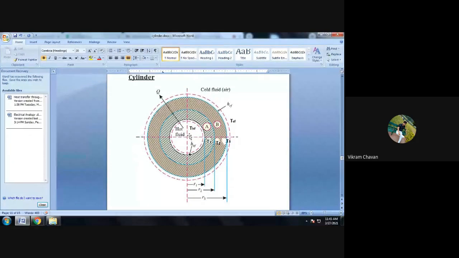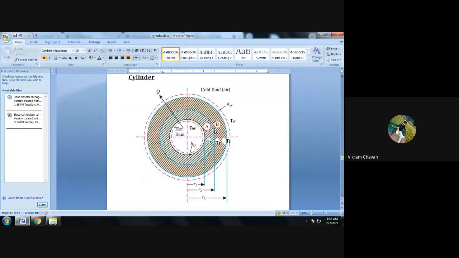Let us consider that this is the A cylinder. A cylinder is having internal radius of R1, and external radius of R2. Getting everyone?